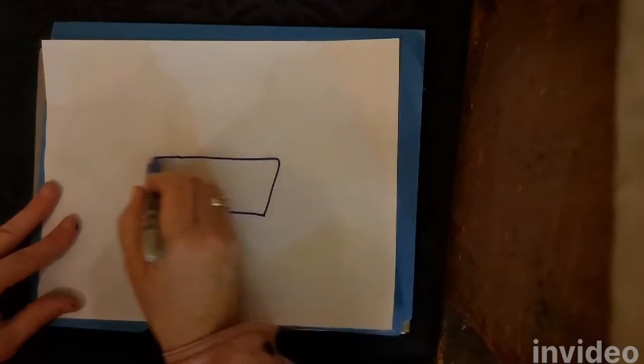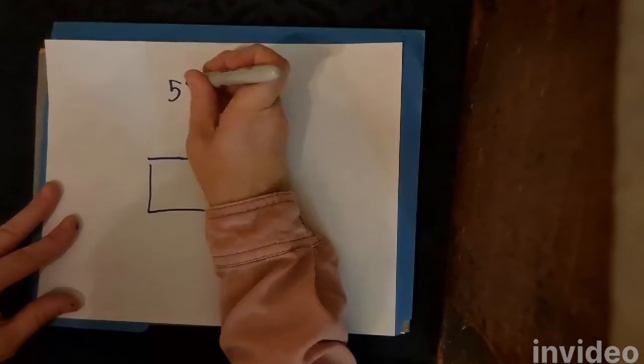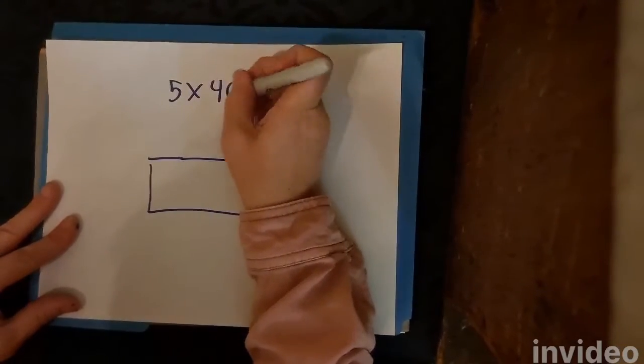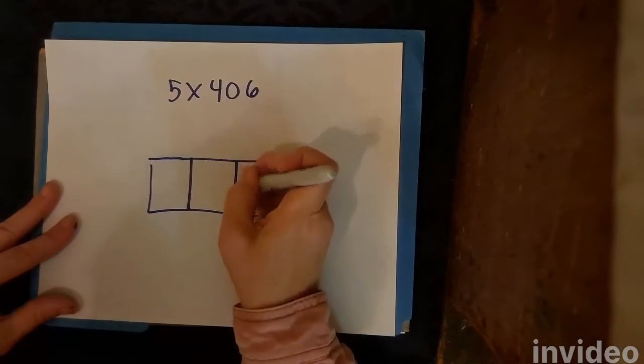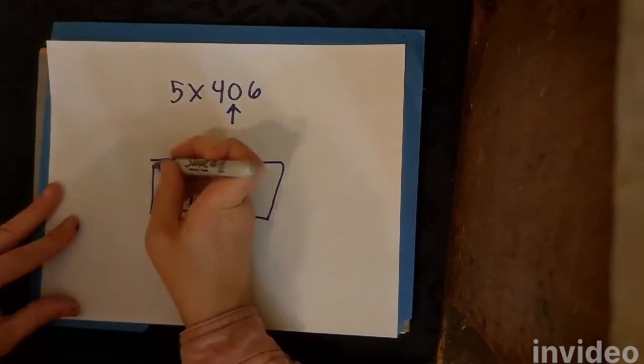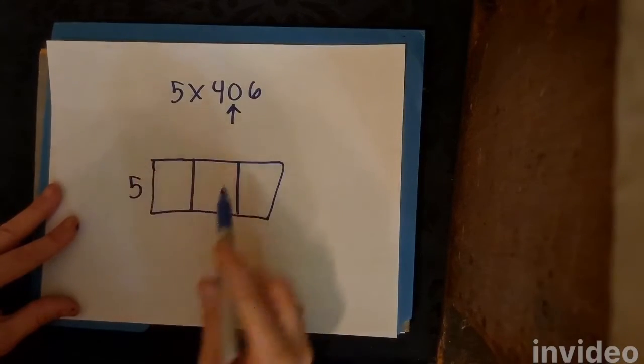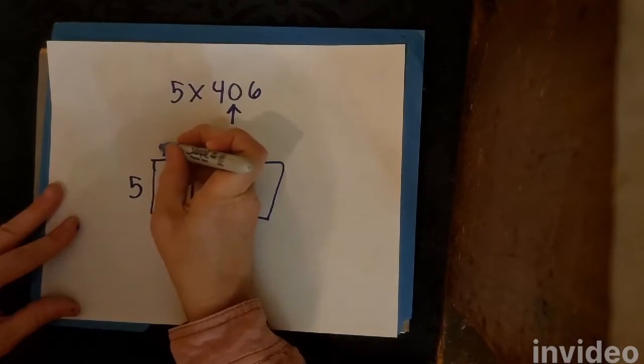One more thing I want to show real quick, because I think a lot of people get confused on this, is what if I have a number like 5 times 406? What do I do if I have that 0 there? What you've got to remember is we're doing 5 times 400.